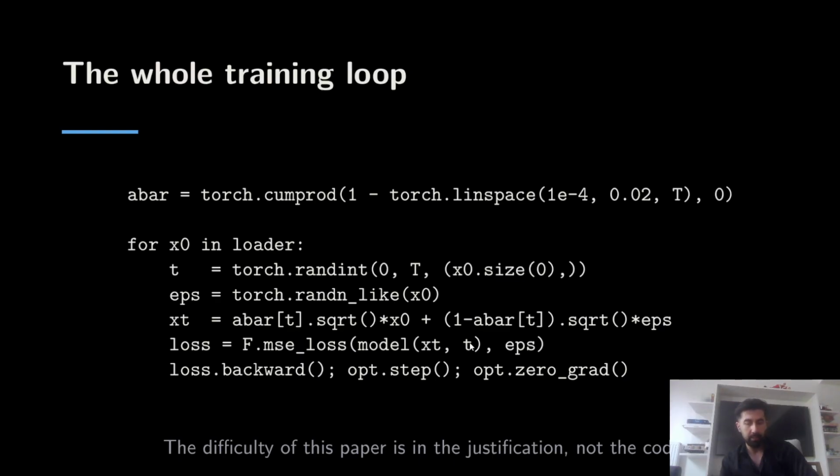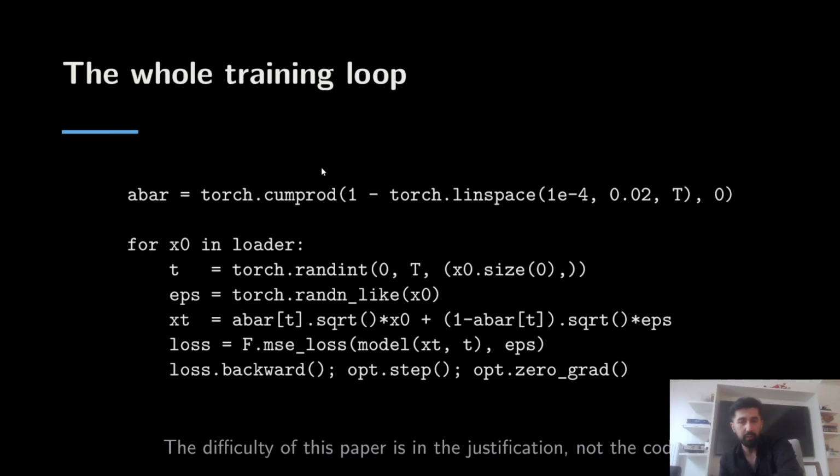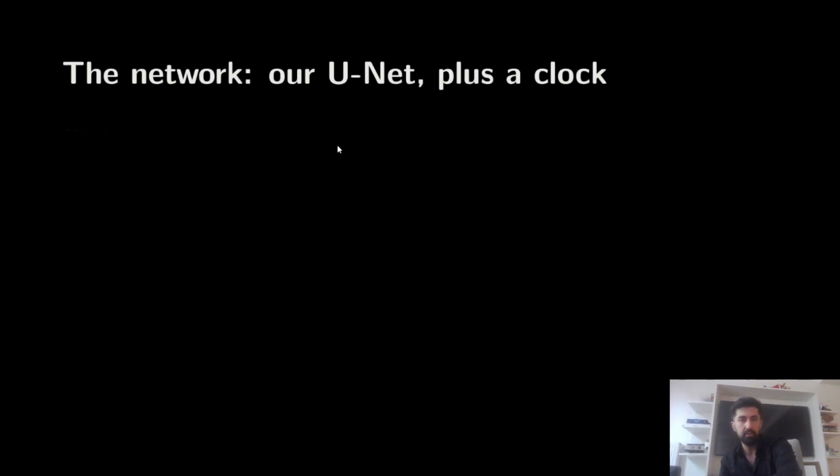Model of xt, and because I told you the network takes t and takes the image and guesses the noise, we do MSE, mean squared error, between the actual noise epsilon and model of xt, t, which is the network's guess of how much epsilon is. Then we do gradient descent, loss dot backward. And the difficulty of the paper was in the justification of this 9 lines of code. And that's why it has so much math in it.